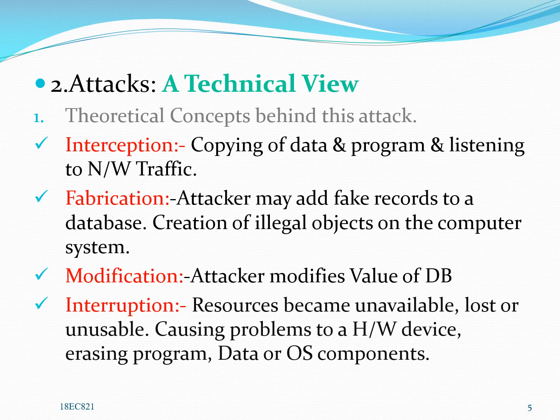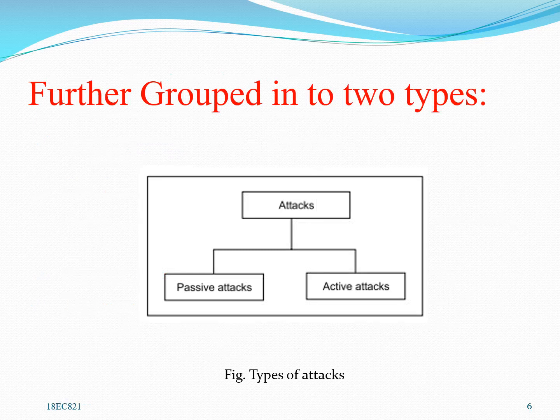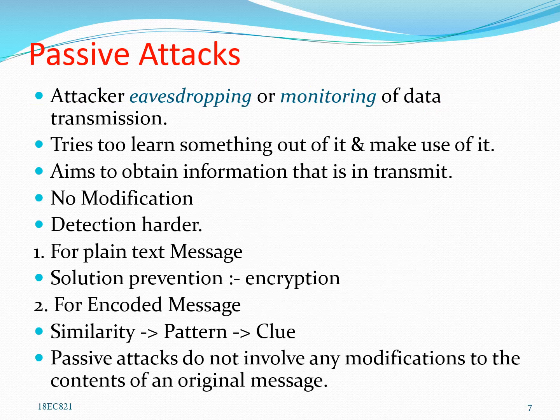These attacks are further classified into two types. One is called passive attacks, the other is called active attacks. So what is meant by passive attacks? In passive attacks, the attacker indulges in eavesdropping or monitoring of data transmission.